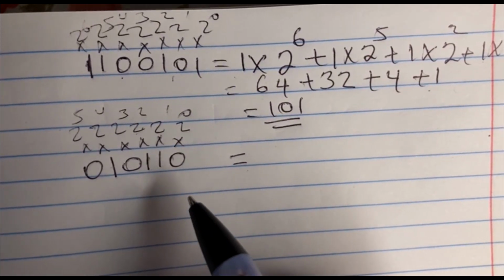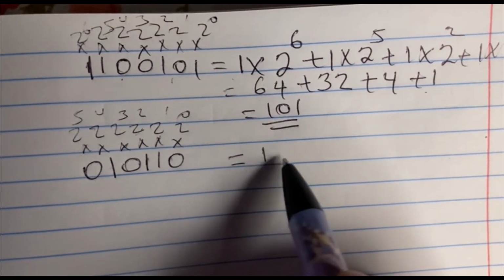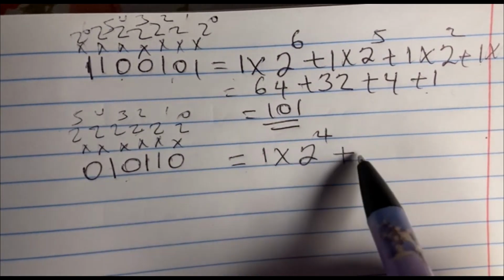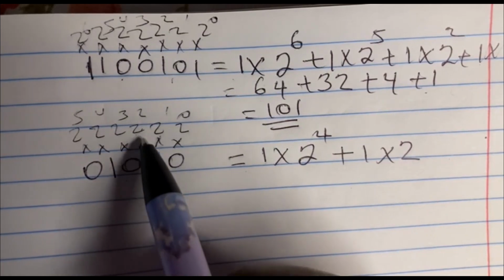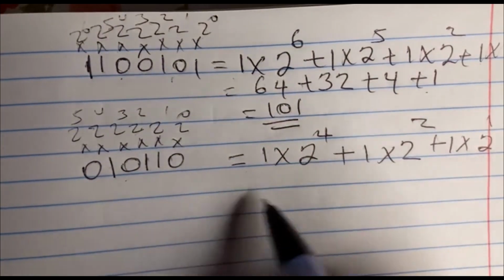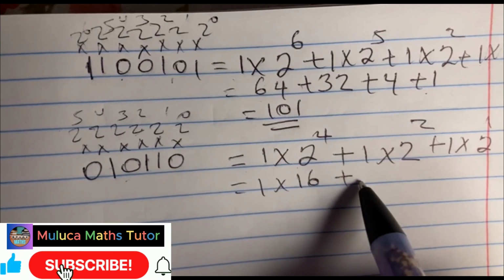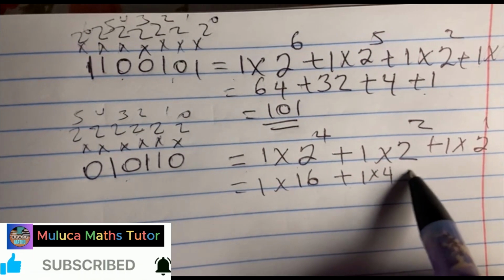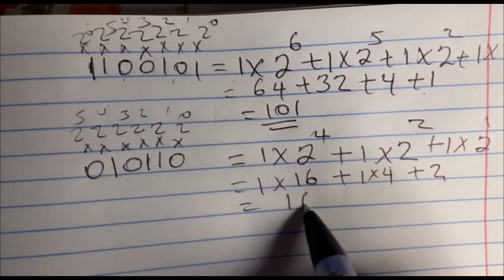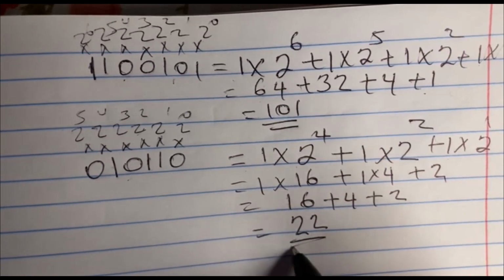Okay, so we ignore the first 0, so we count the second number, 1 times 2 to the power of 4. Ignore the next 0, 1 times 2 to the power of 2, plus 1 times 2 to the power of 1, and ignore the last 0. 2 to the power of 4 is 16, 2 to the power of 2 is 4, and 2, so this will be 16 plus 4 plus 2, that is 22.